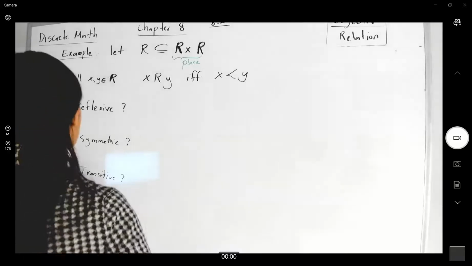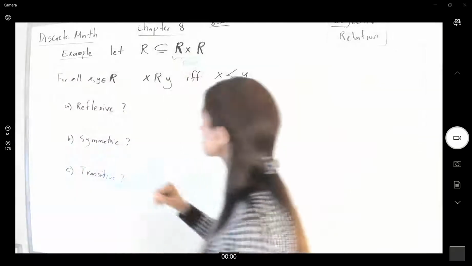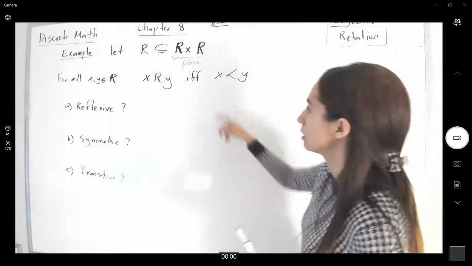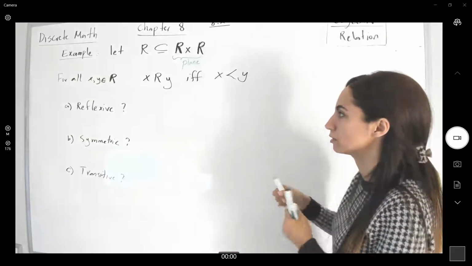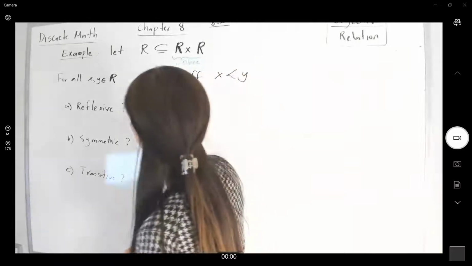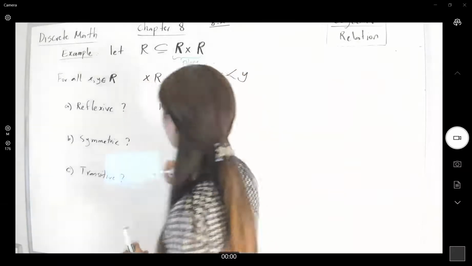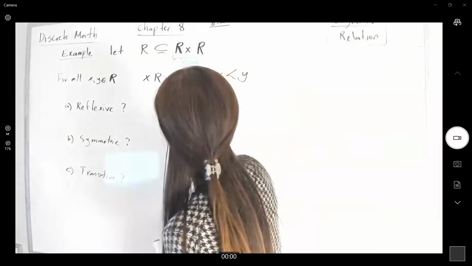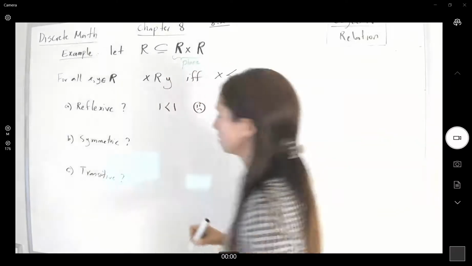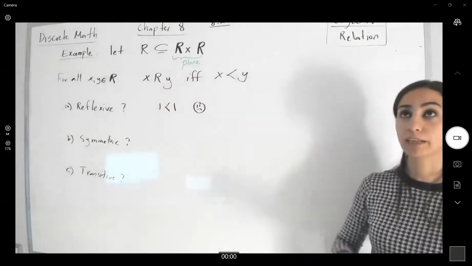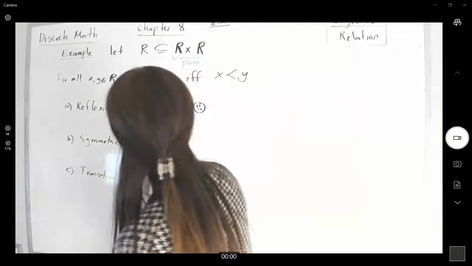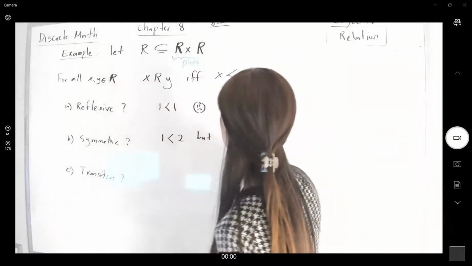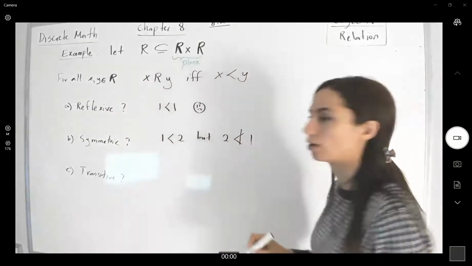Here we go. So is this reflexive? Remember the definition of being reflexive. Take 1, for example. Can we say that 1 is less than 1? Is this true? Of course not. So not reflexive. Is this symmetric? Take 1 and 2. 1 is less than 2, but 2 is not less than 1.